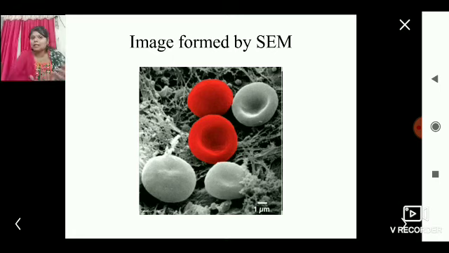These are the red blood cells, RBC, which we have. You can see them under the microscope. This is a 3D image, and you can see very clearly the cell or the object being seen.